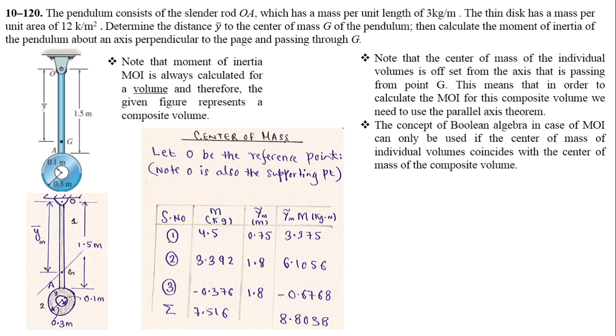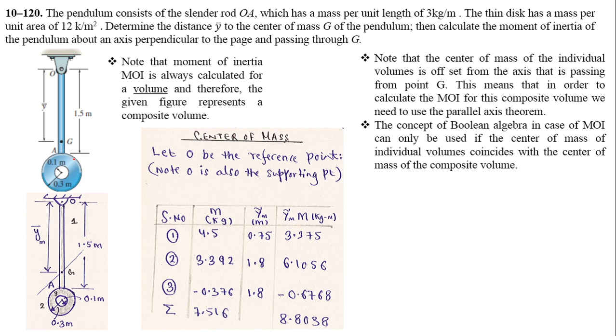So I'm taking one as the rod, and I have to find its mass. It is given that the rod has a mass per unit length of 3 kilogram per meter. So you multiply 3 kilogram with the length of the rod, that is 1.5, and you will get 4.5. So the mass of the rod is 4.5 kilogram.